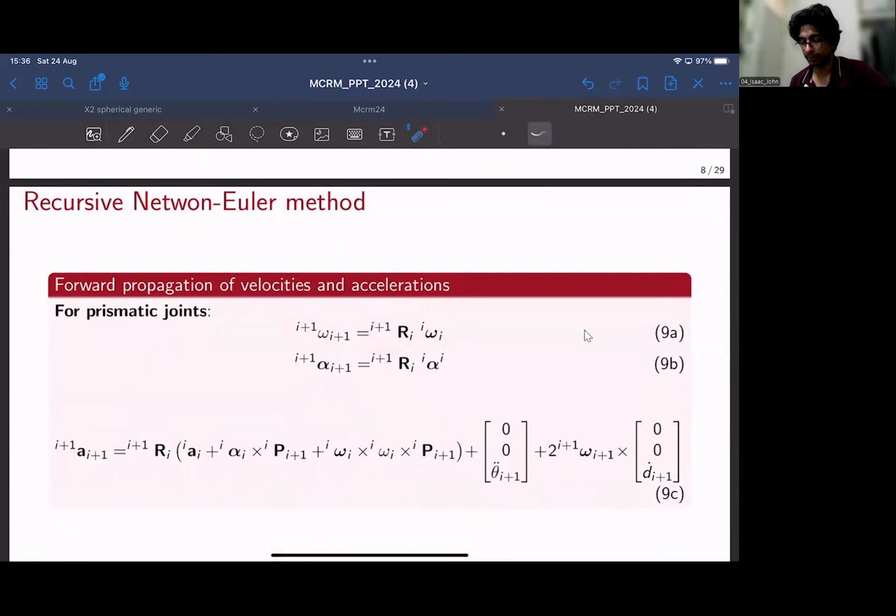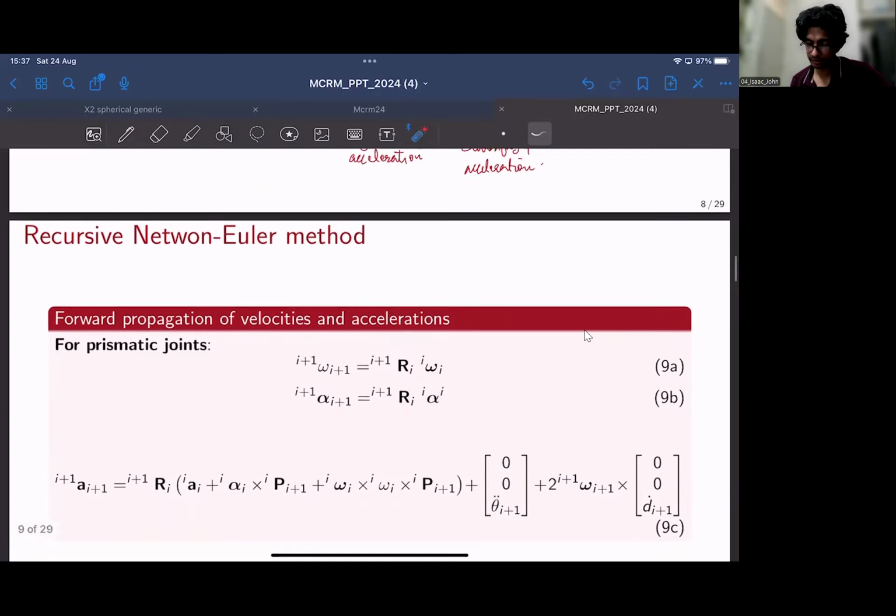So if you know I plus 1 omega I plus 1, you can propagate it to find out I plus 2 omega I plus 2 and so on and so forth. And the same goes for the propagation of angular acceleration.